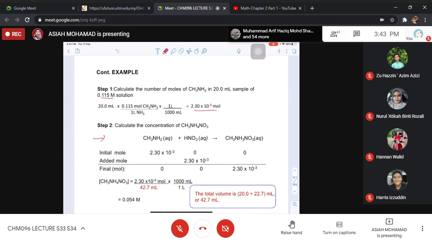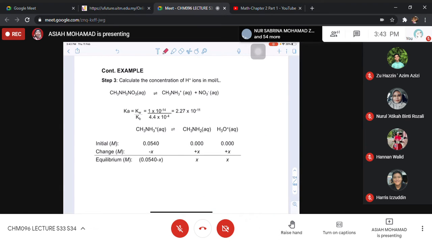Construct the mole table: the original moles present, how much HNO3 added, and how much salt produced. After you get the number of moles, find the molarity by dividing by the total volume of acid and base. After you get the molarity, you can either construct the ICE table or directly use the alternative method.